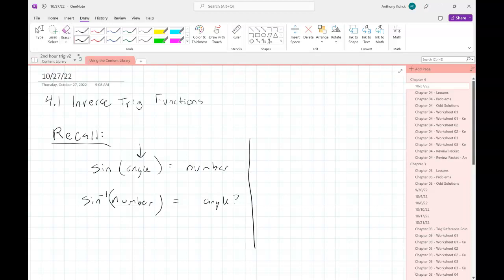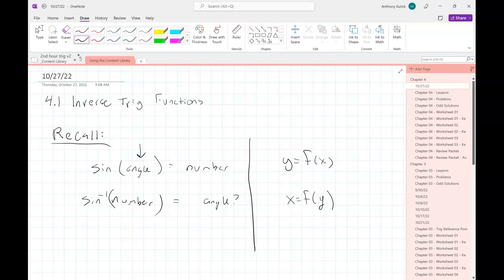So remember, if I have some function y equals f of x, and I want to find its inverse, what do we do? We swap the x and y's.